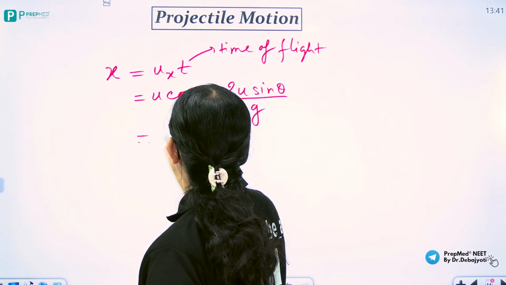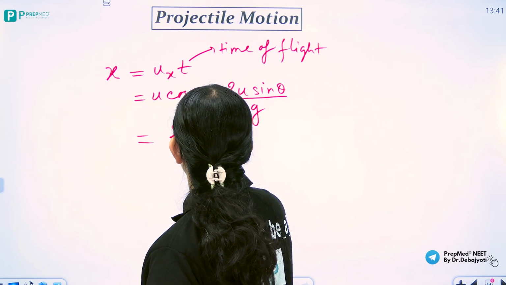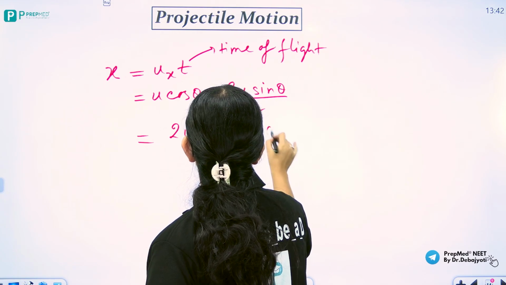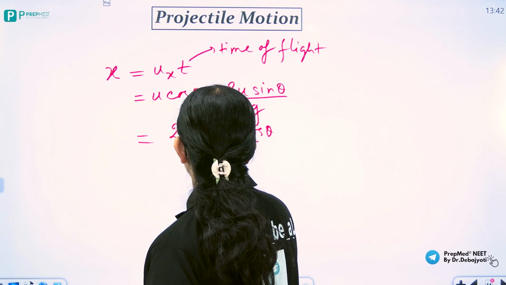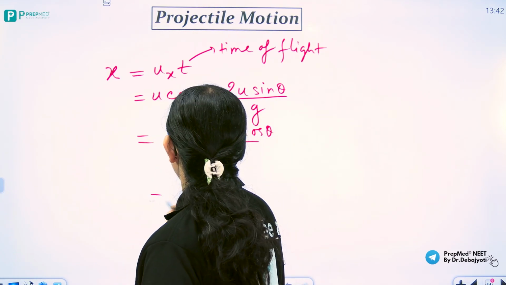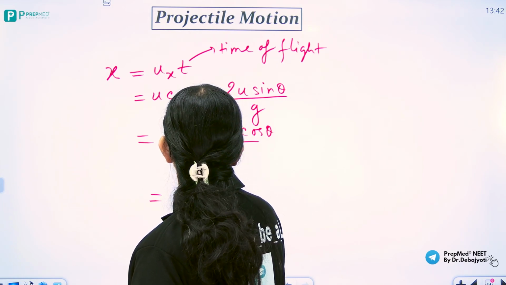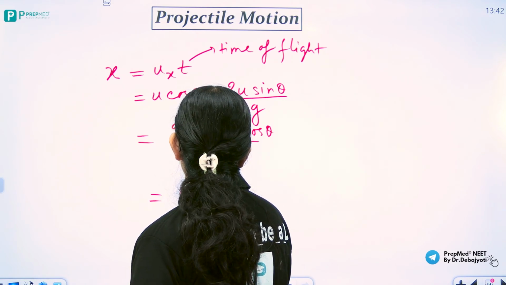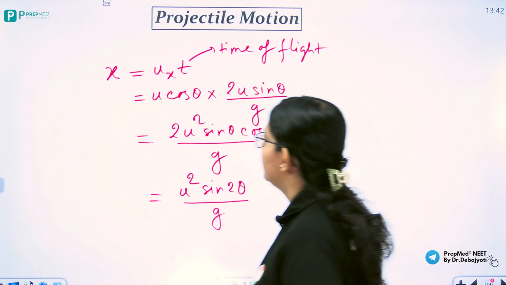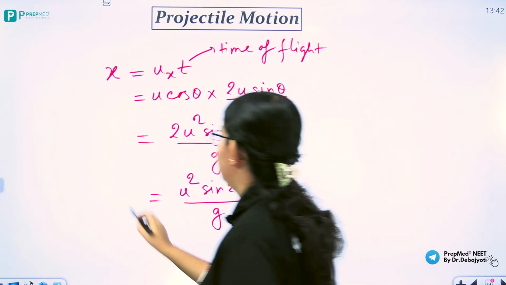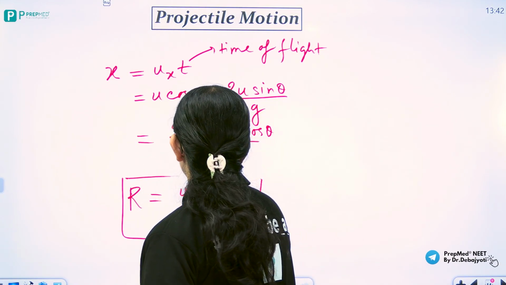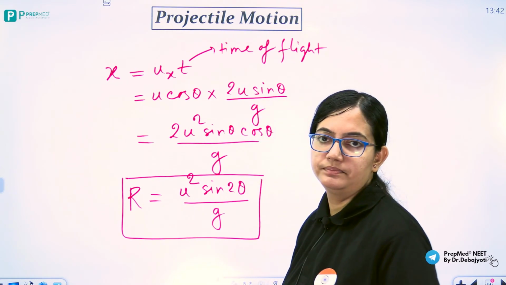So here we got 2u square sin theta cos theta by g. So we are getting what? u square sin 2 theta by g. Okay. So we are getting R equals u square sin 2 theta by g.